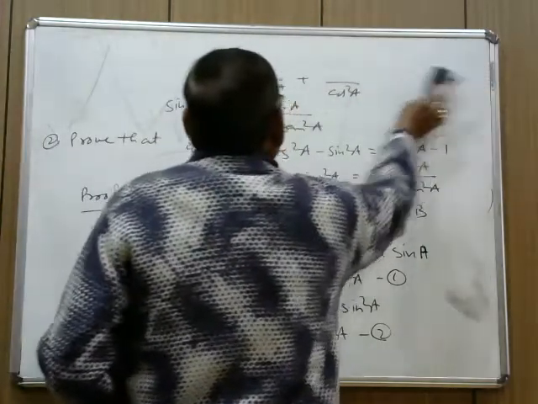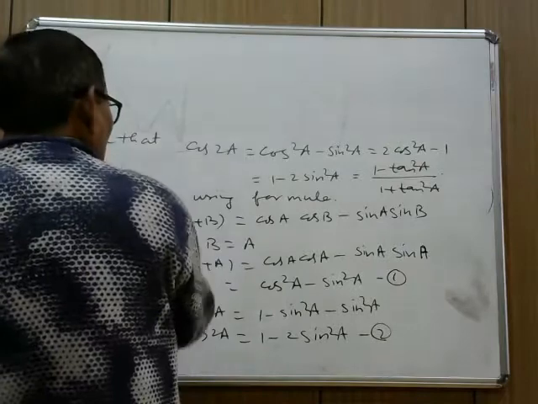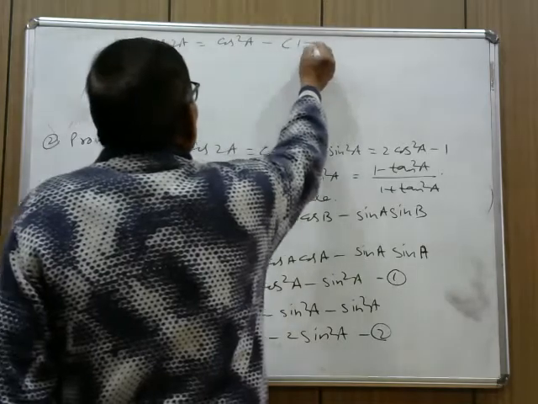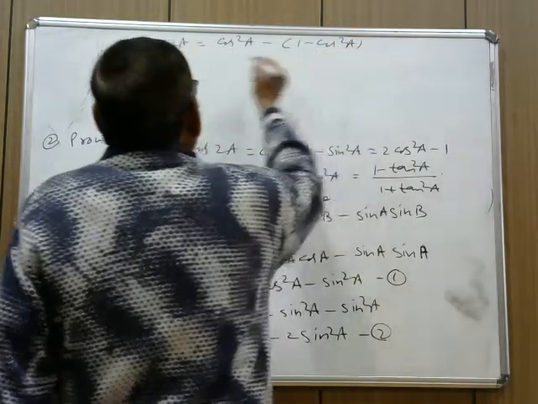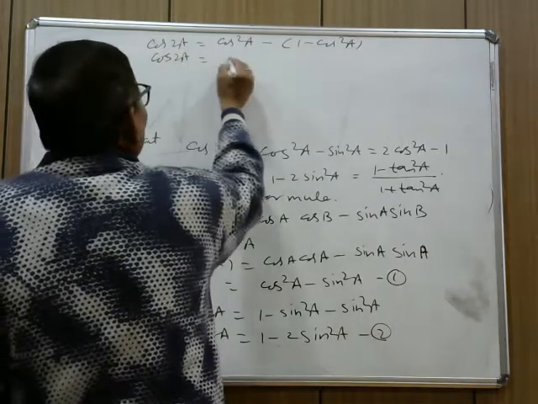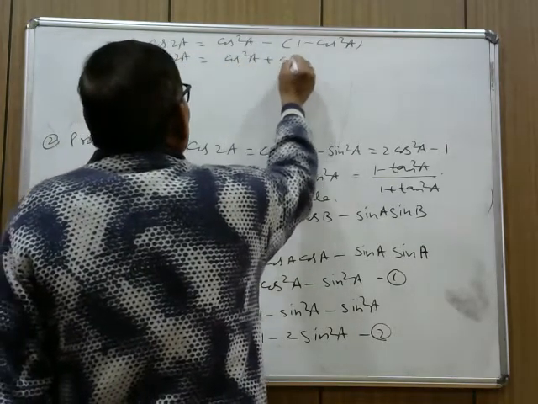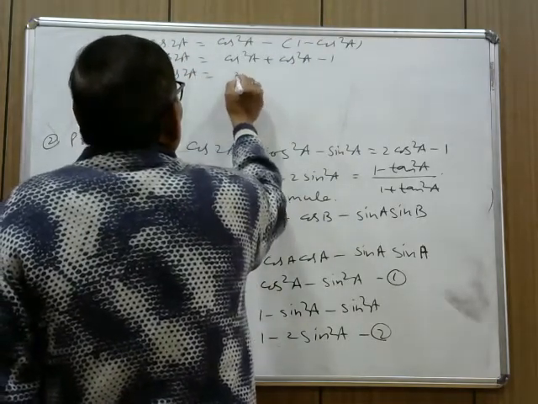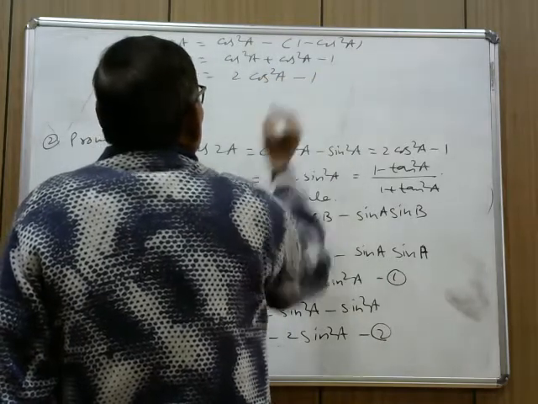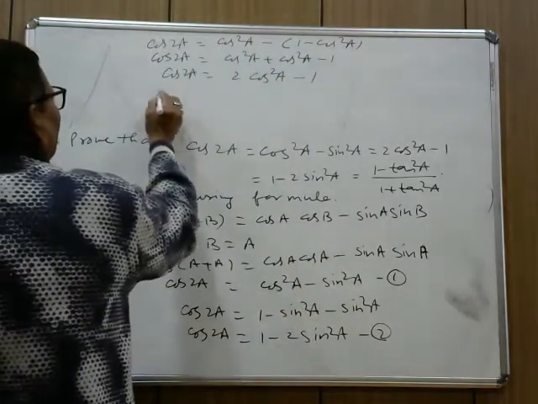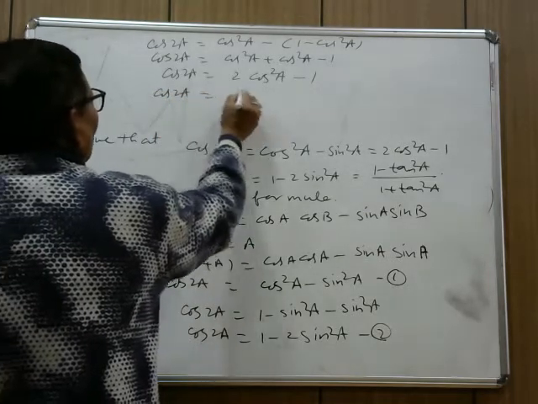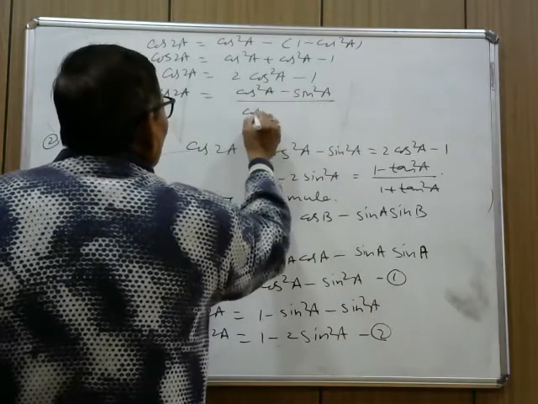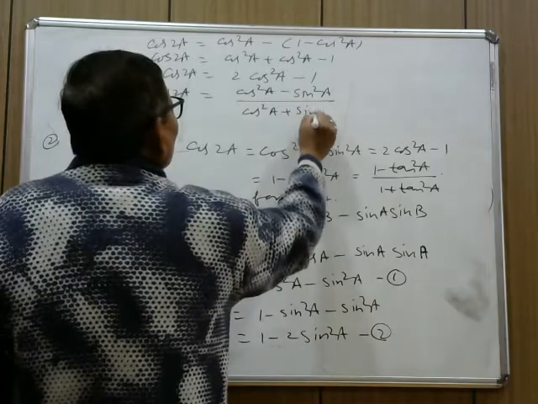Now third, cos 2A is equal to cos square A minus (1 minus cos square A). Cos 2A is equal to cos square A plus cos square A minus 1. Cos 2A is equal to 2 cos square A minus 1. Now you see that again cos 2A can be written as (cos square A minus sin square A) upon (cos square A plus sin square A).